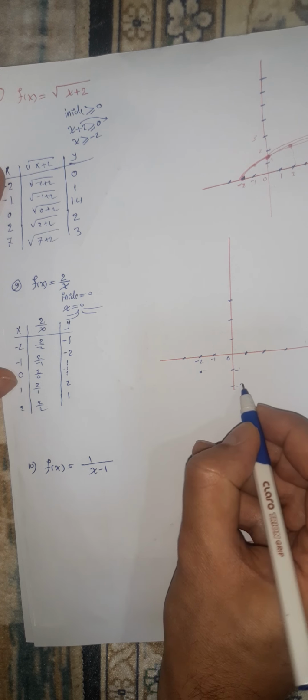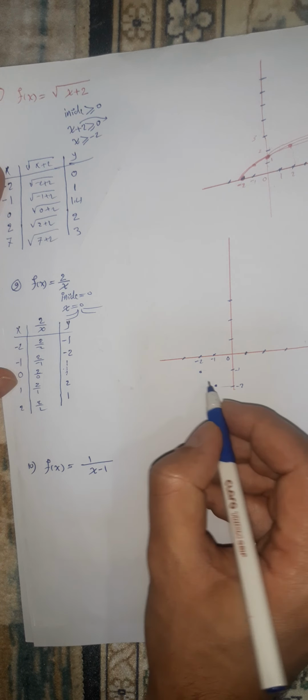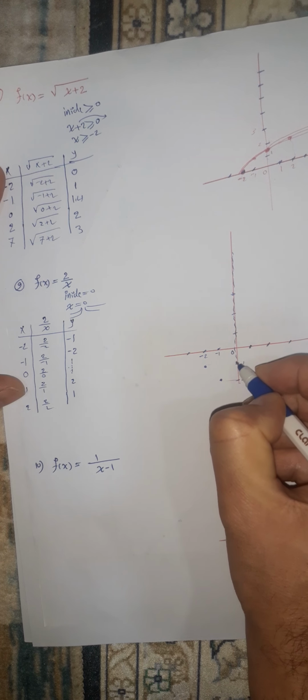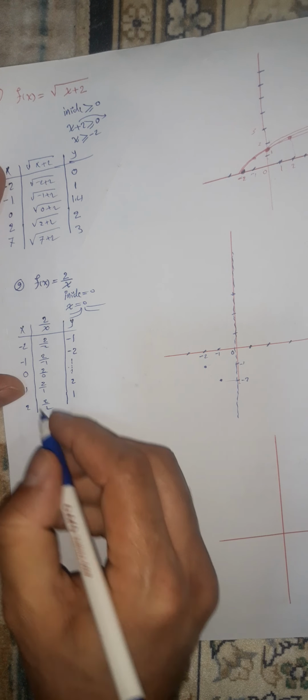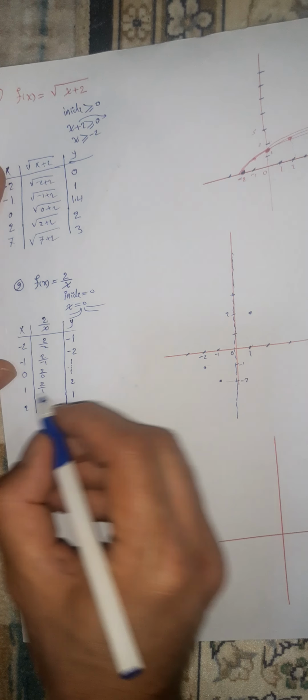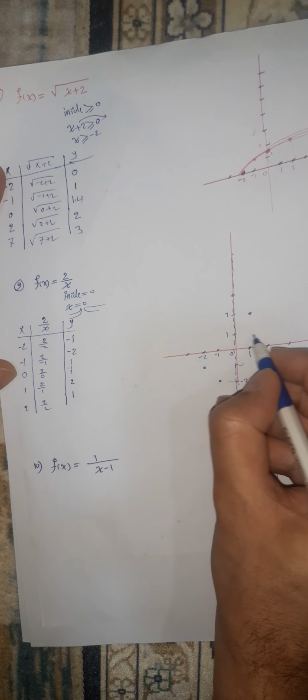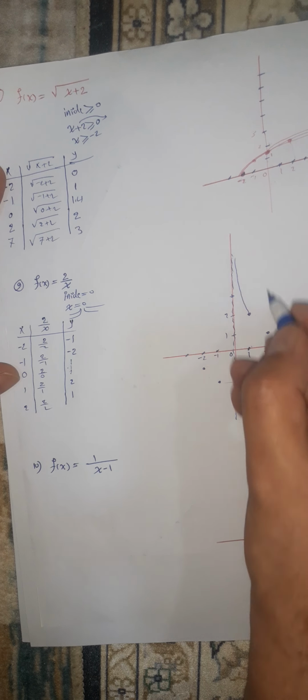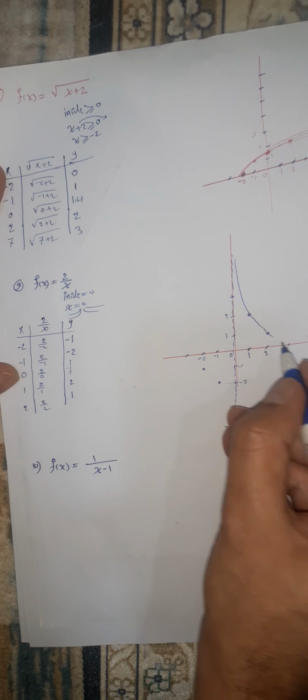At 0, it is undefined. Then (1, 2) and (2, 1). So the graph of the rational function looks like this.